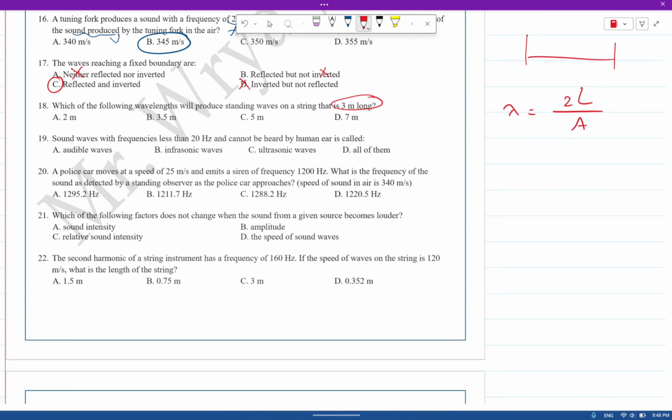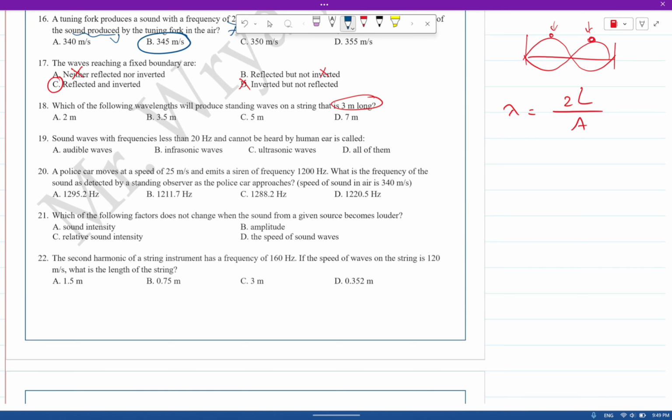So if this is a string, and we have a full number of antinodes, that means there is a standing wave here. And if we don't get a whole number of antinodes, that means the wavelength will not produce a standing wave.